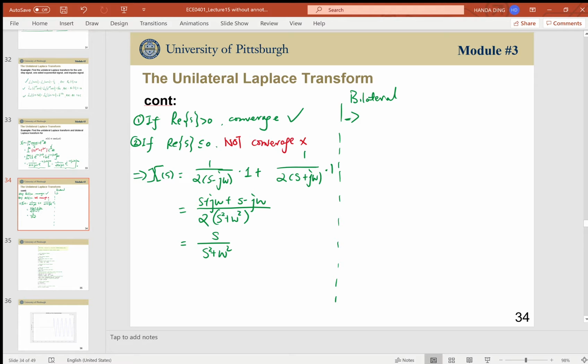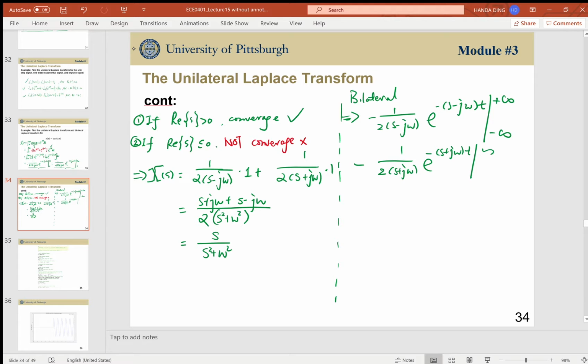If we do the integral for this over here from the two extremes, minus, same thing, two extremes. So this is case 1.